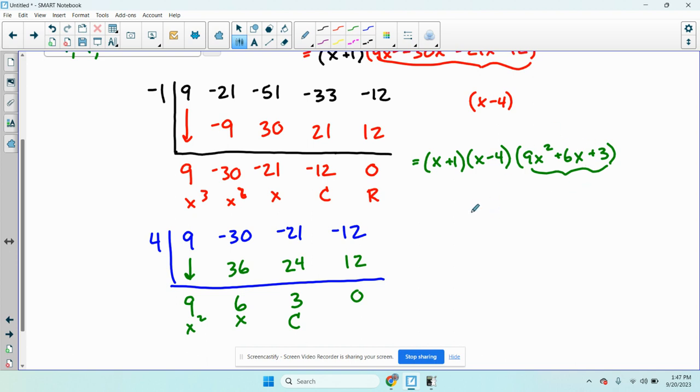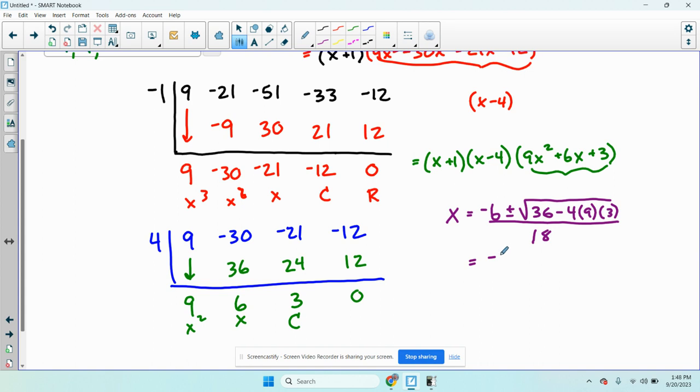So we get, excuse me, x equals -b, -6 plus or minus the square root of 6 squared minus 4 times 9 times 3 all over 2 times 9, which is 18.